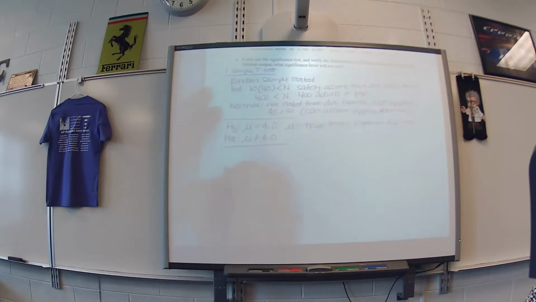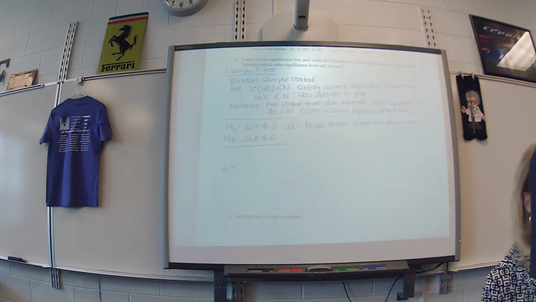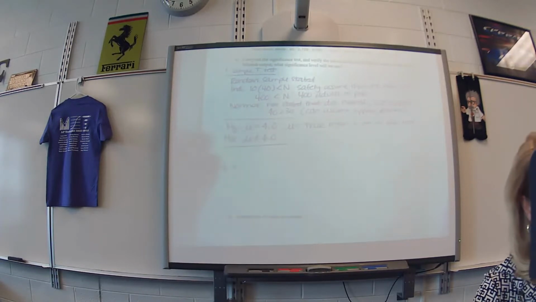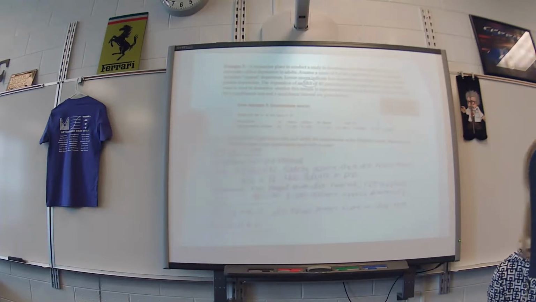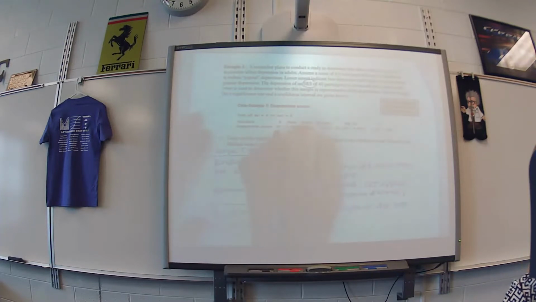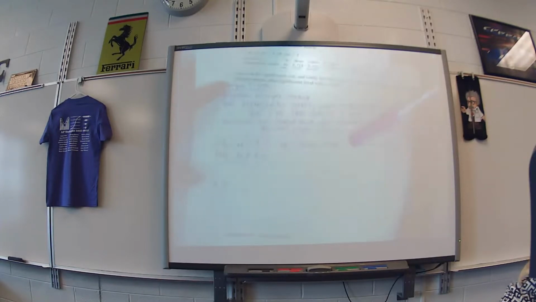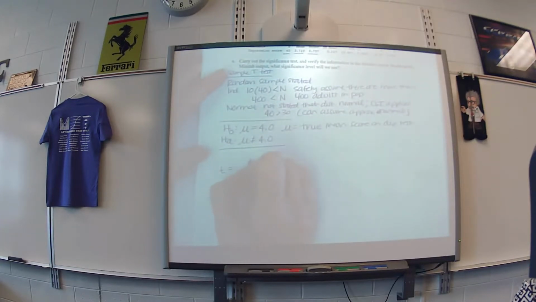All right, now we do our T statistic. Here's where we are going to look at the Minitab printout a little bit because you know enough about Minitab printouts. There's your n size, there's your mean, there's your standard deviation. So let's use those. So for this sample, the mean came in at 3.723.